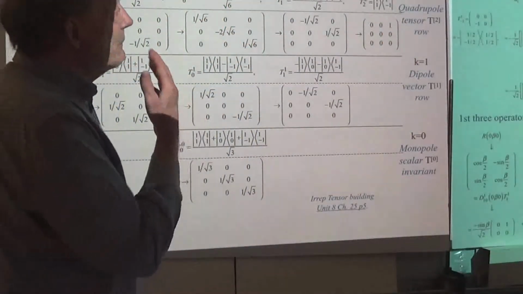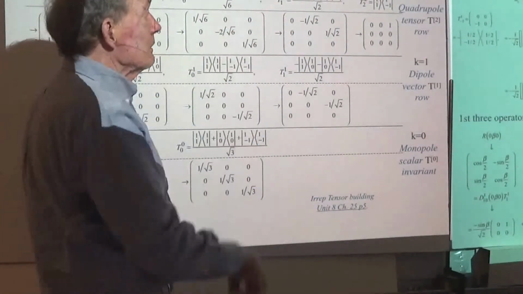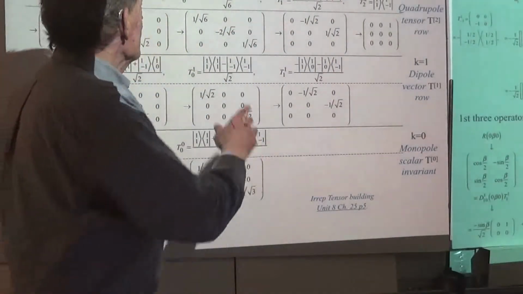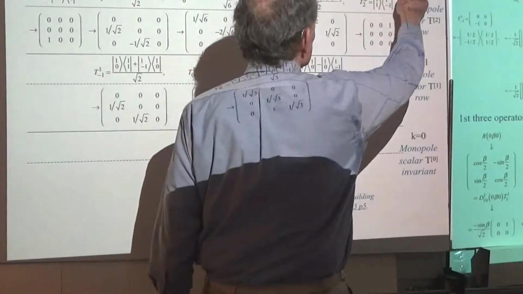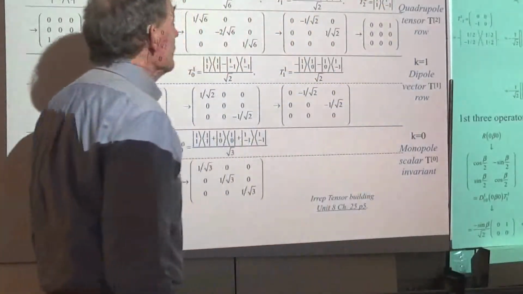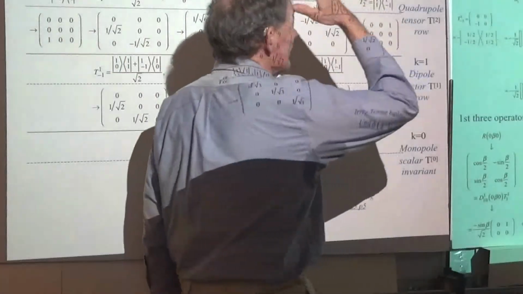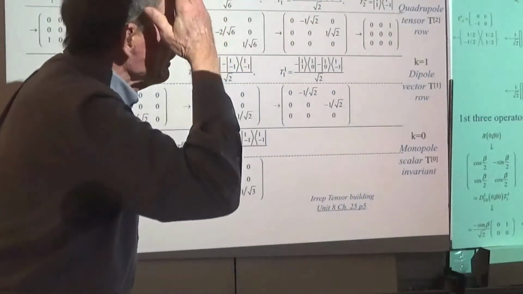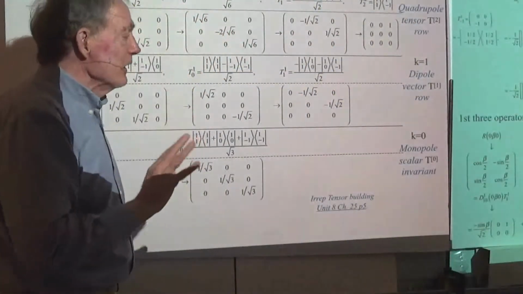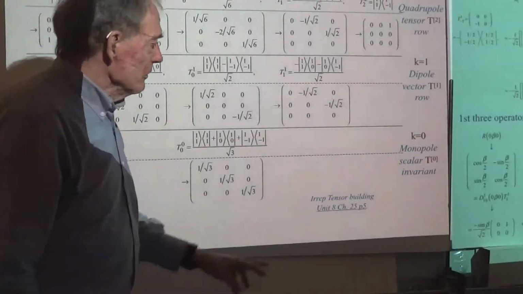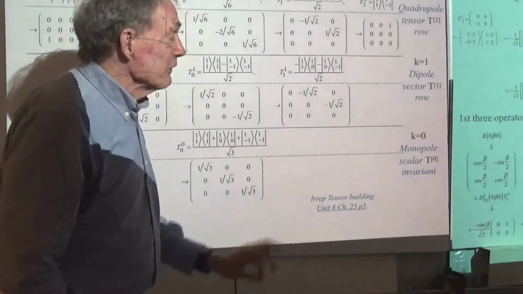We did the top-down derivation of the quadrupole representations, and this is the expression in terms of Clebsch-Gordan coefficients again. Now, that result right there is just a couple of steps away from what's called the Wigner-Eckart theorem. So in addition to irrep tensor building, I got a link for the Wigner-Eckart theorem.